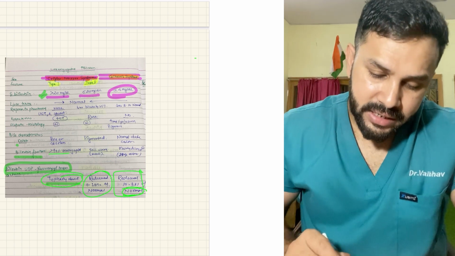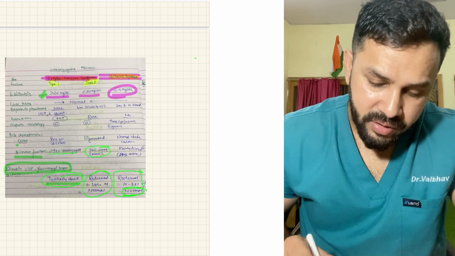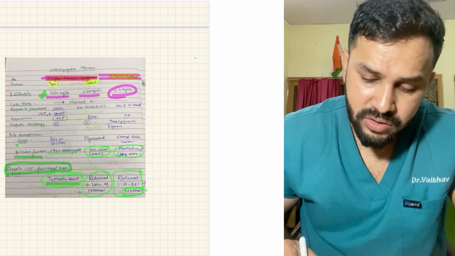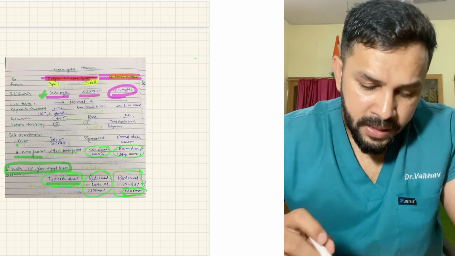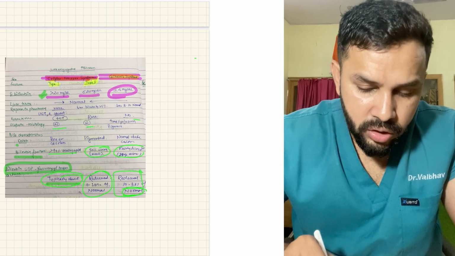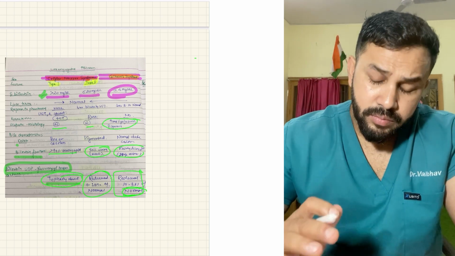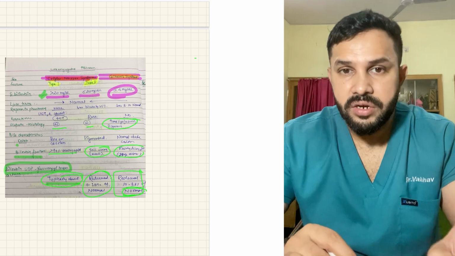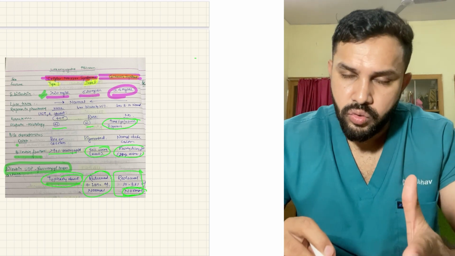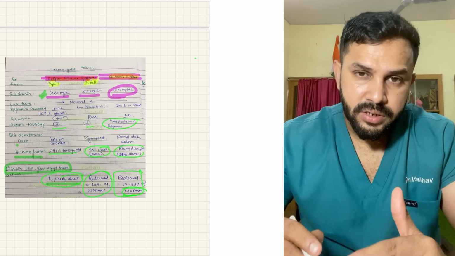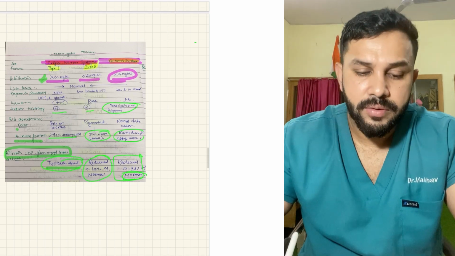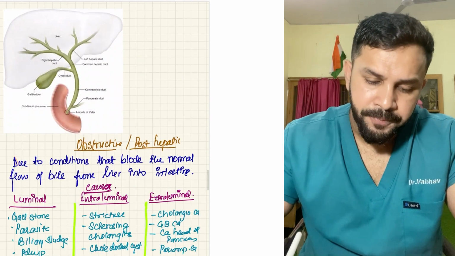Mainly unconjugated, diconjugated is seen, okay. Hepatic histology is normal, with increased lipofuscin pigment, you have to remember that. The main important point: Crigler-Najjar 1 is very bad, greater than 20, type 2 less than 20, and Gilbert less than or equal to 4 milligram per dl. This is about the unconjugated bilirubin.